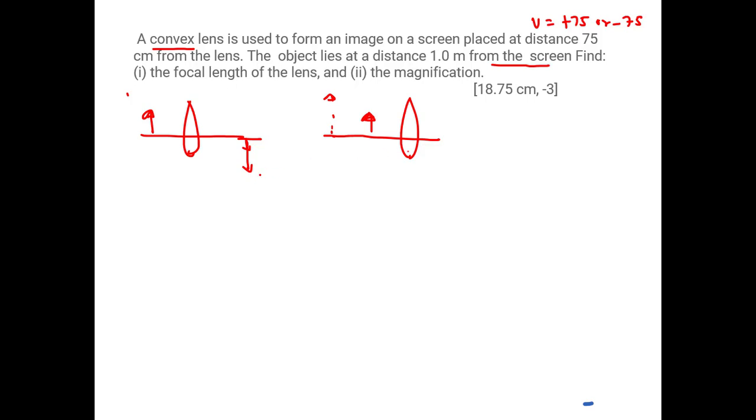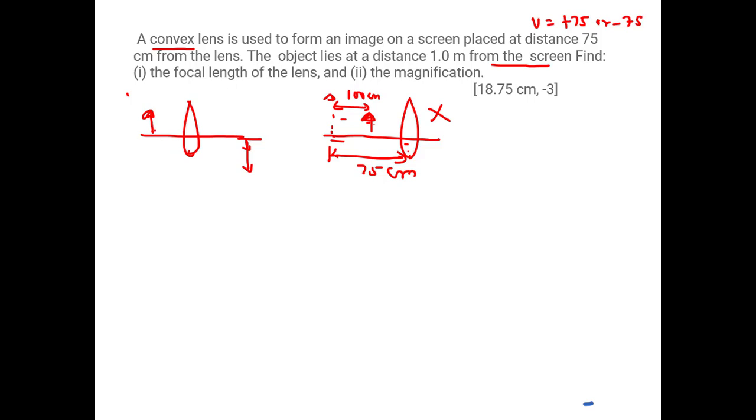Now, which of these two is possible? We have been given that the distance between the lens and the image is 75 centimeter. So if I take this case, this is 75 centimeter. And the distance between the object and the image is 100 centimeter. Now this is not possible. If this is 75 centimeter, this cannot be 100 centimeter. Therefore, we eliminate this particular case.